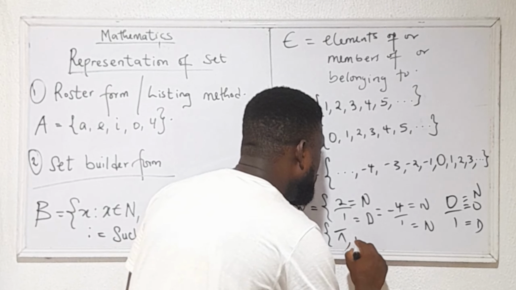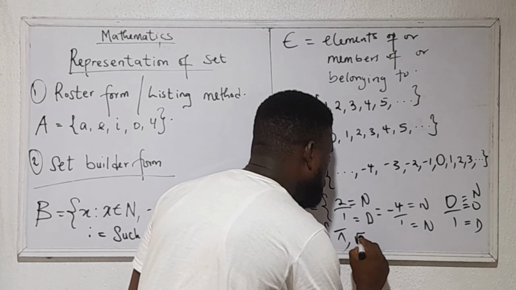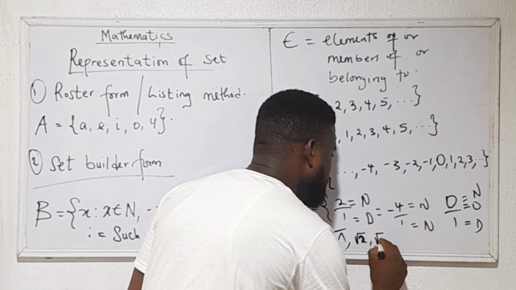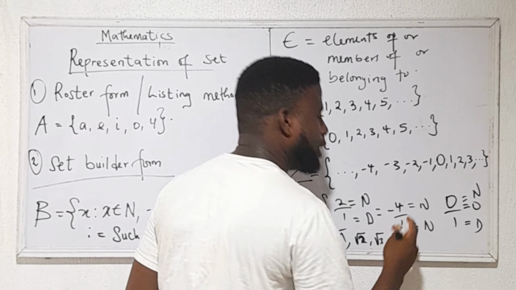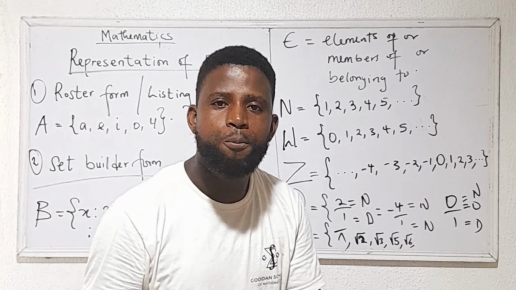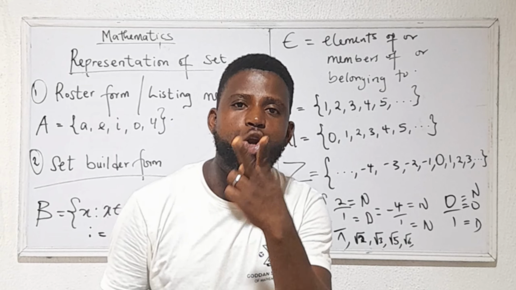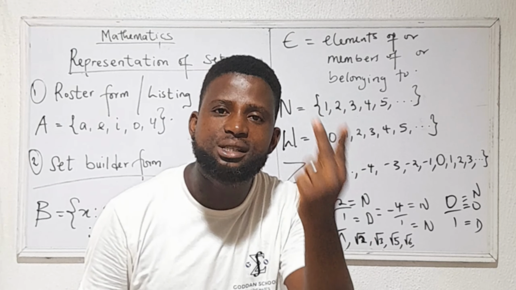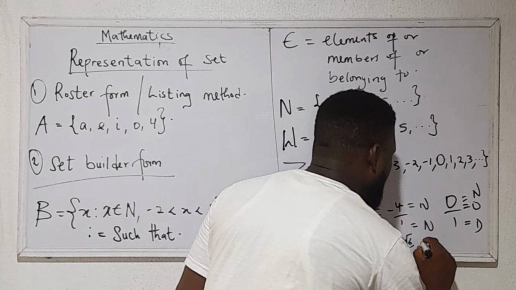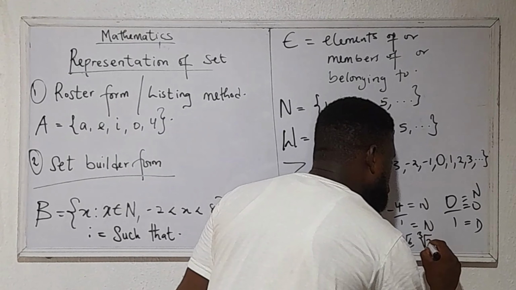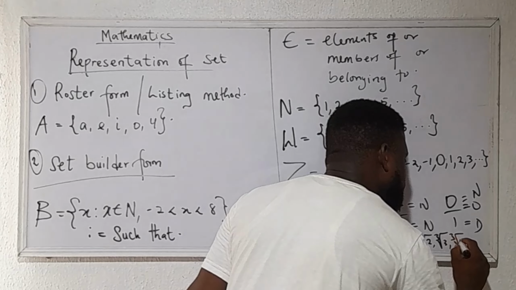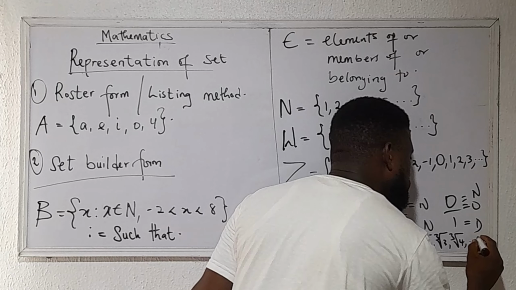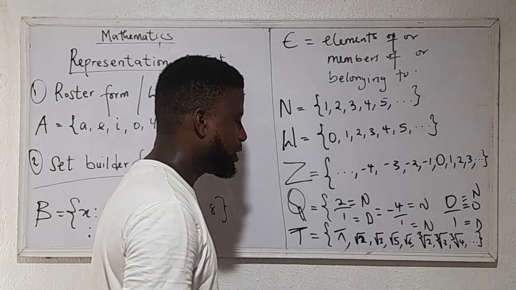For example, root 2, root 3, root 5, root 6, and so on and so forth. Also, the cube root of every non-perfect cube is also an irrational number. For example, the cube root of 2, the cube root of 3, the cube root of 4, and so on and so forth. And then, of course, it continues.